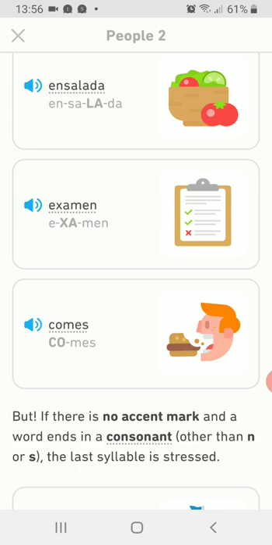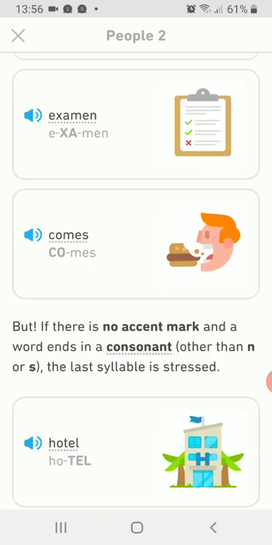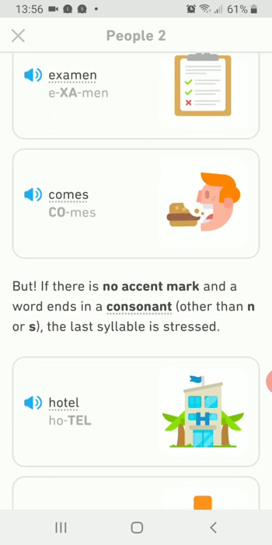So ensalada is salad, examen is exam, and comes is you eat. So you see a little bit how the stress, the accent works.